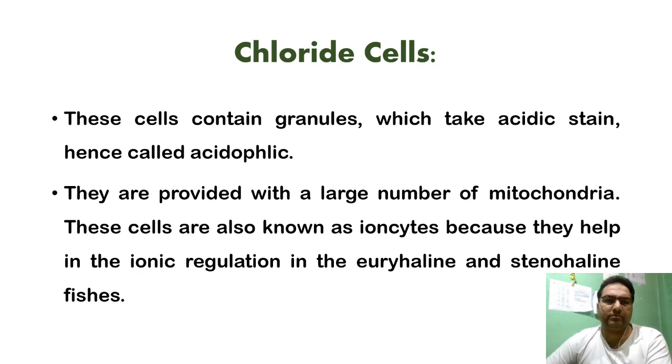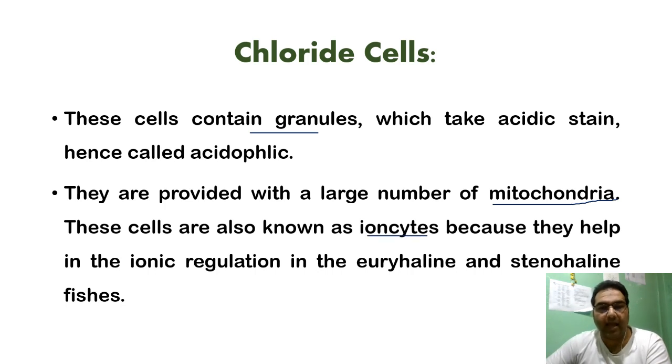Now lastly, the chloride cells are also present in the gills. They contain granules which take acidic stain, and hence they are called acidophilic cells. They are provided with a large number of mitochondria, and they are known as ionocytes.